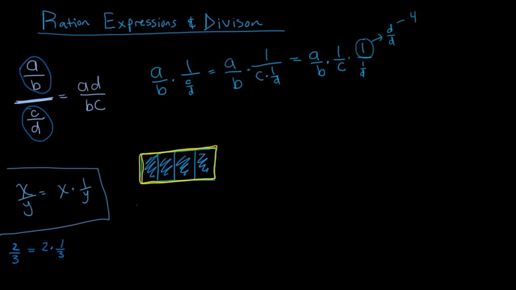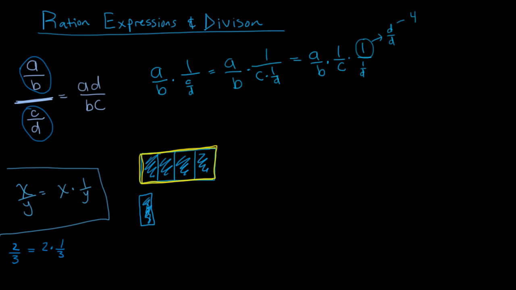Over 1 over d, which in our case is 1/4. So we'll visually draw that here approximately. So that's 1 over d, right? We have one candy bar, and 4 out of 4 pieces would go over this one piece, this 1 over d, 4 times.